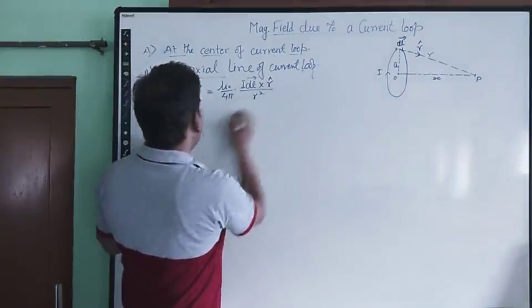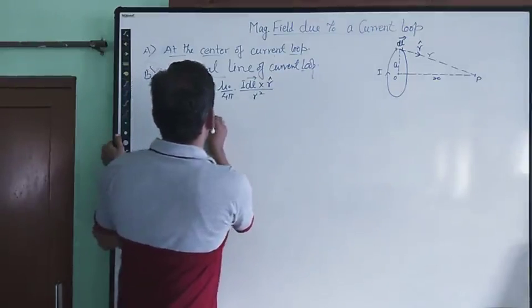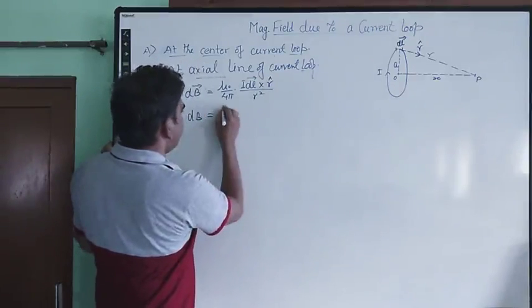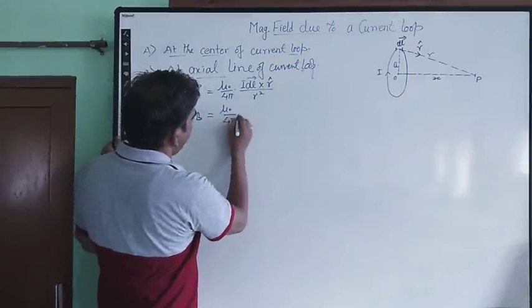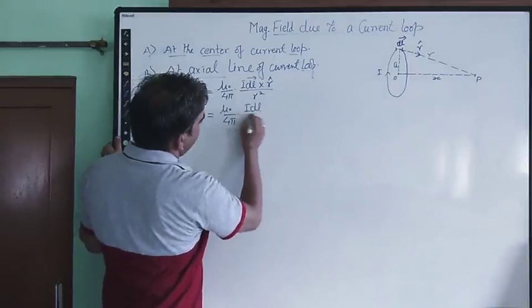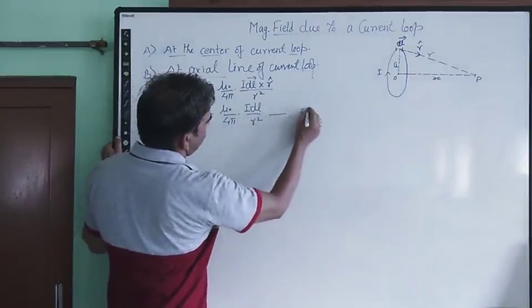Again from here we see that the magnitude of this magnetic field takes the form mu naught upon 4 pi into I dl upon R square. So this is equation number 1.